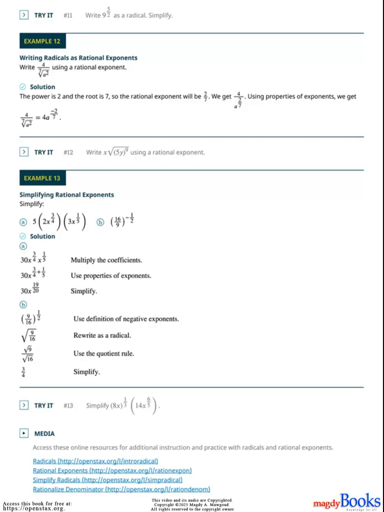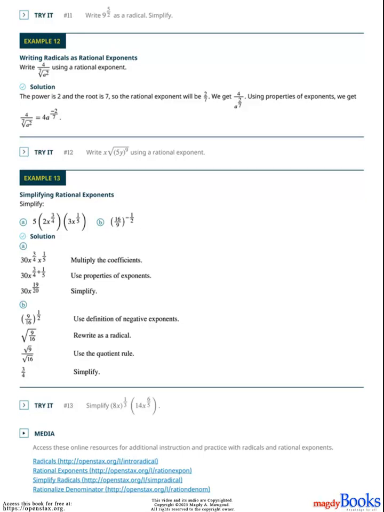A. 5 times (2x to the power of 3 over 4) multiplied by (3x to the power of 1 over 5). B. (16 over 9) to the power of negative 1 over 2.